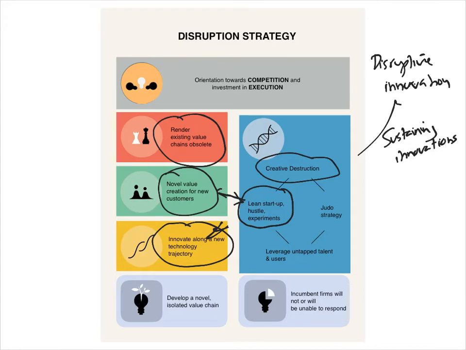In terms of your external capabilities, external orientation and strategy, you're pursuing what is called a judo strategy. This is a strategy where you look small and timid until you pounce. Okay?